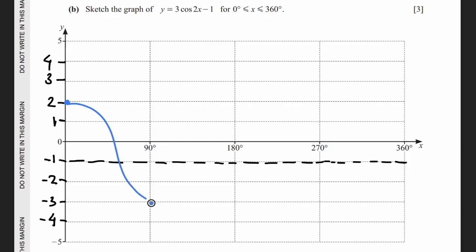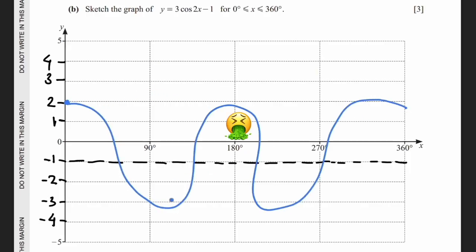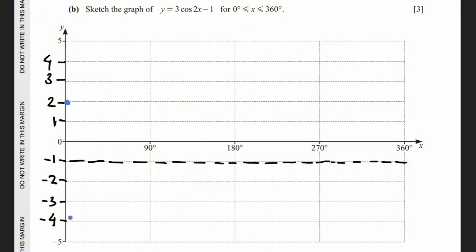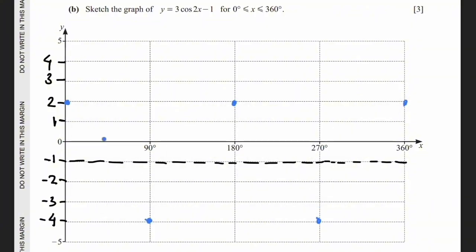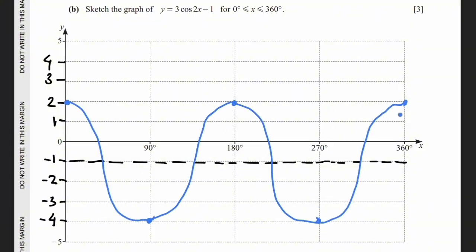So it's going to go like this, and this point is going to be 3 less than this, so our minimum point is going to be over here, then again our maximum point here, then again a minimum point here, then again a maximum point here. So let's see. There we go, with a bit of a bump over here, but try to avoid these.